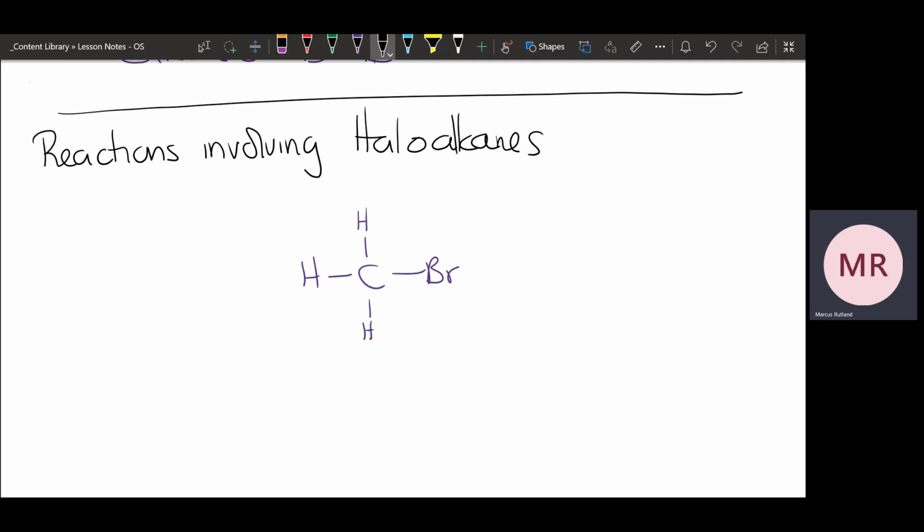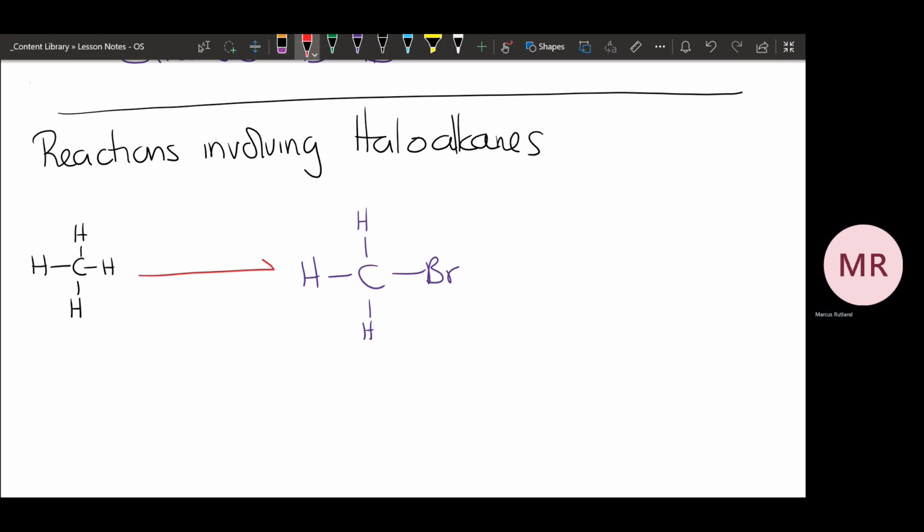So one of the reactions that you'll need to know is that if you start with methane, you can turn it into a haloalkane like this using the halogen. So you would use Br2 and you'd need UV light.